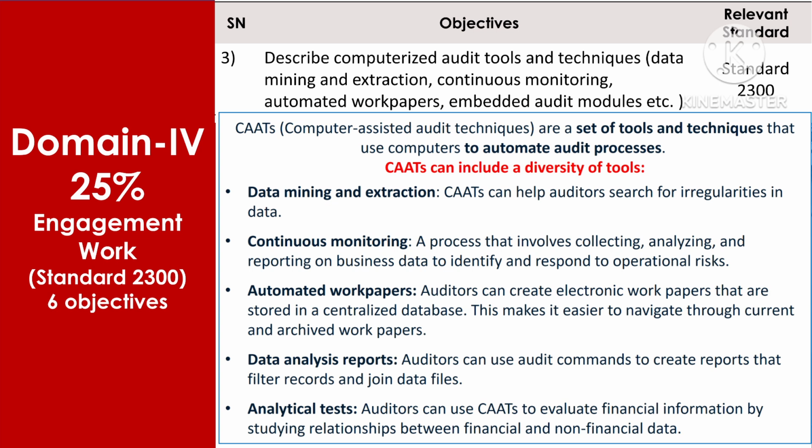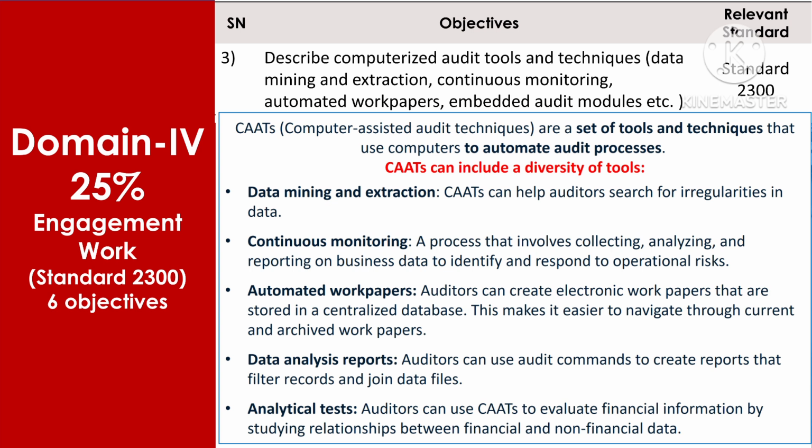Then automated work papers. Auditors can create electronic work papers that are stored in a centralized database. This makes it easier to navigate through current and archived work papers. Data analysis reports. So auditors can use audit commands to create reports that filter records and join data files. So there can be different types of data you can generate.